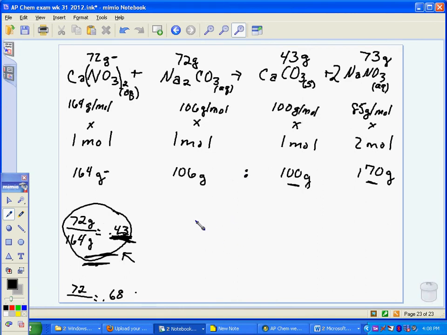Well, remember, percent is just basically your part over your whole. This is our theoretical value. This is what we would get if everything went the right way. But not everything did. We had 39 grams out of the 43 grams.